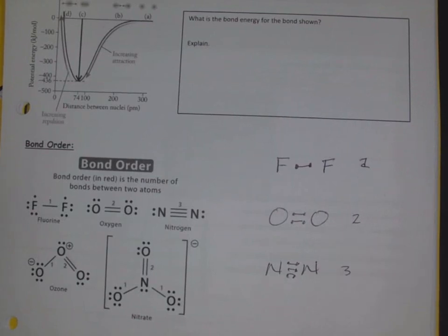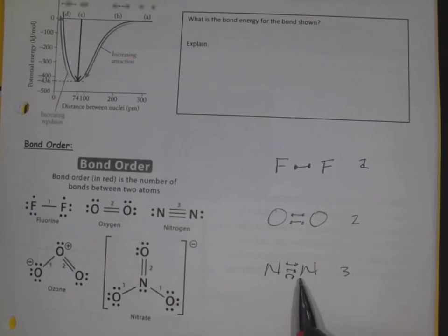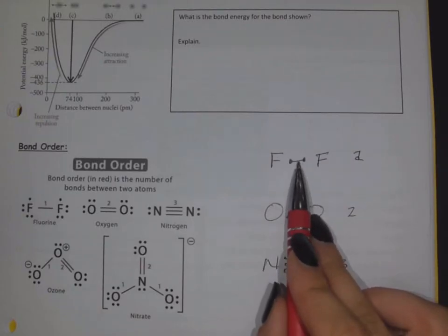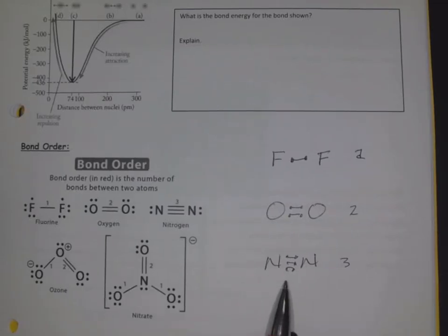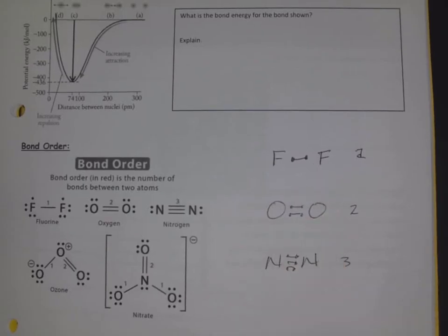And it requires more energy to break apart a triple bond. Okay, more energy to break apart a triple bond, and the least amount of energy to break apart a single bond. And also in general, not always, but in general, triple bonds tend to be shorter and single bonds tend to be longer.